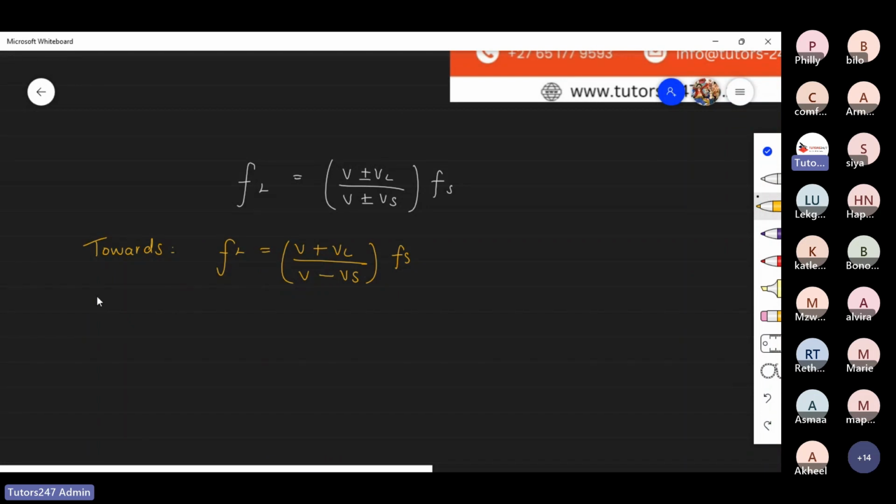If it is moving away, it then becomes FL equals V minus VL all over V plus Vs times Fs. So moving towards, plus. Moving away, it's minus.